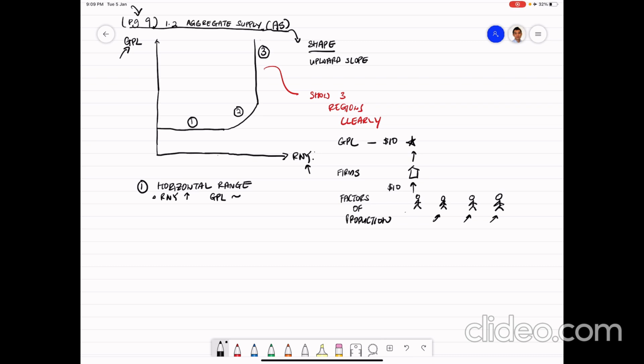The horizontal range is characterized by significant amounts of spare capacity. This word is important. You have significant spare capacity, or unutilized, in this case, workers. Unutilized factors of production, in this case, workers.